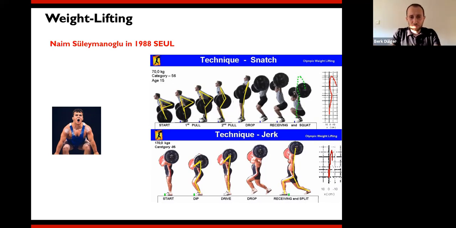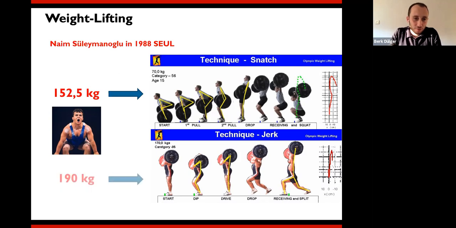So there are two different disciplines and two different weights you can lift. In the snatch discipline, when he directly lifted the weight, it's about 150 kilograms. But in the other discipline, with jerk, he managed to lift 190 kilograms.